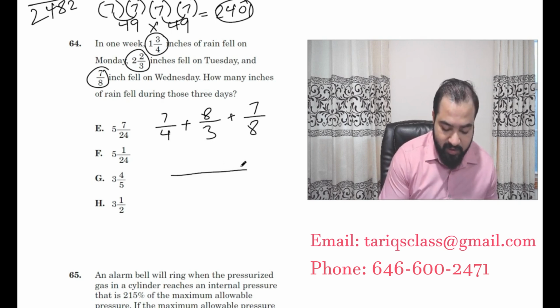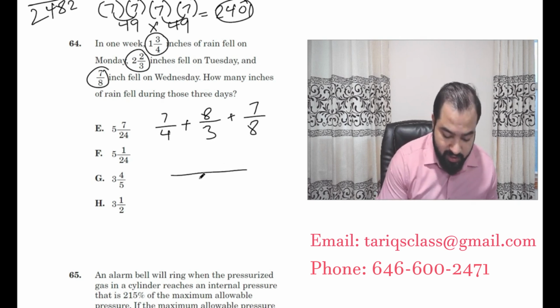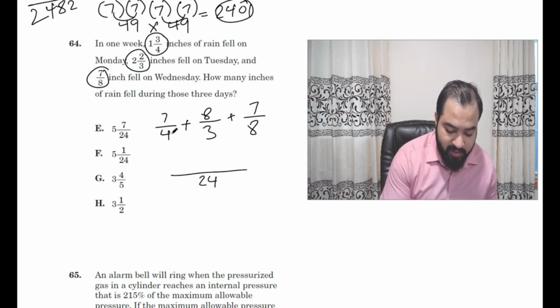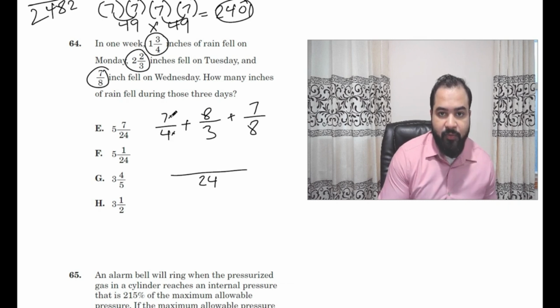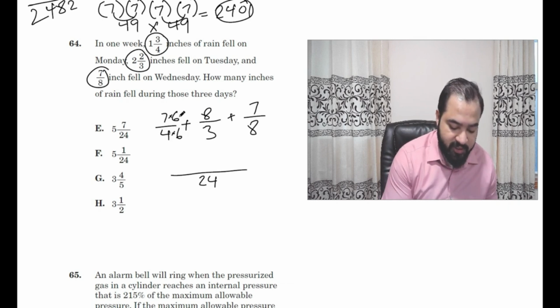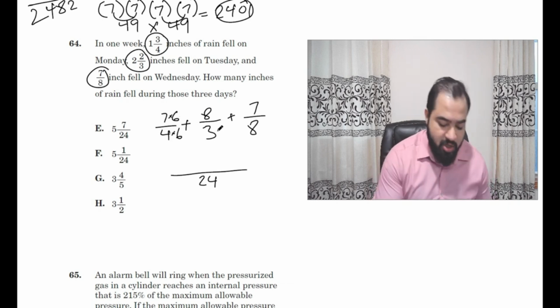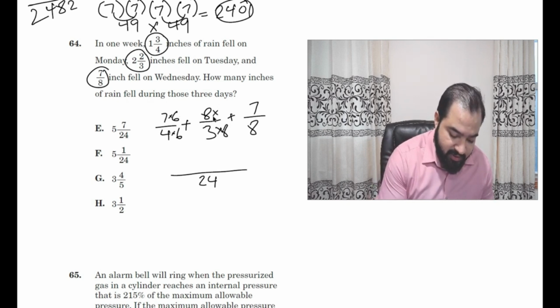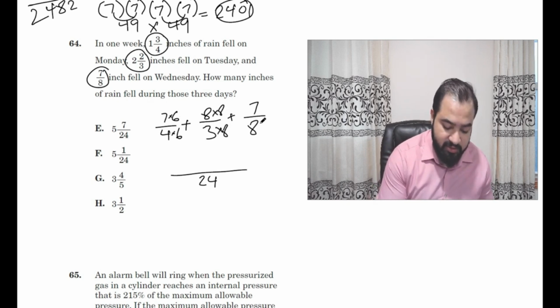That's the LCM. So we're going to make the denominators the same. We multiply top and bottom here by 6, the 3 top and bottom by 8, and this one top and bottom by 3.